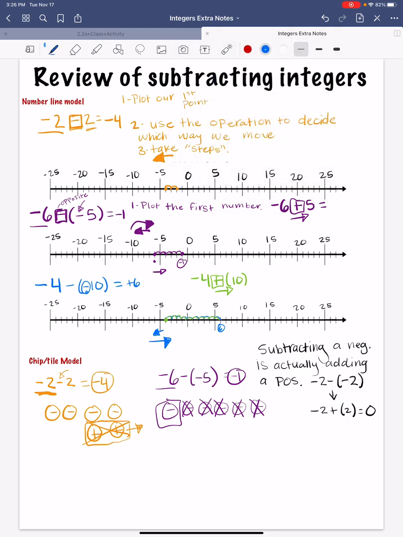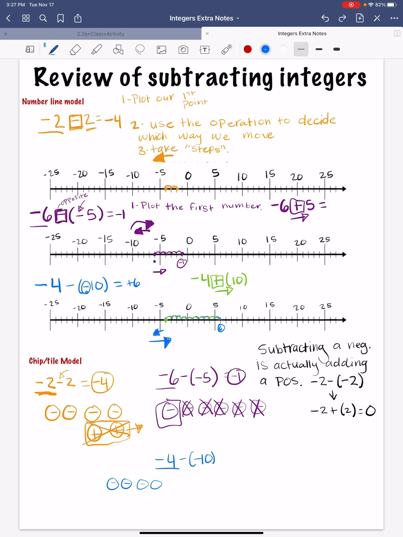Last one we're going to do really quickly was negative 4 subtract negative 10. We're going to start by drawing 4 negatives. 1, 2, 3, 4. And now it wants you to take away 10 negatives. But there's only 4 negatives right here. We only have 4. So there's not 10 to take away.